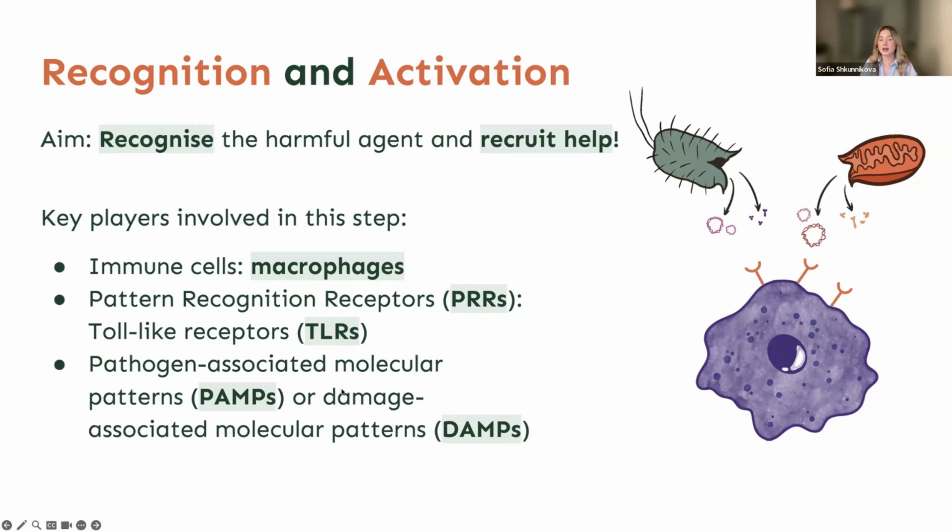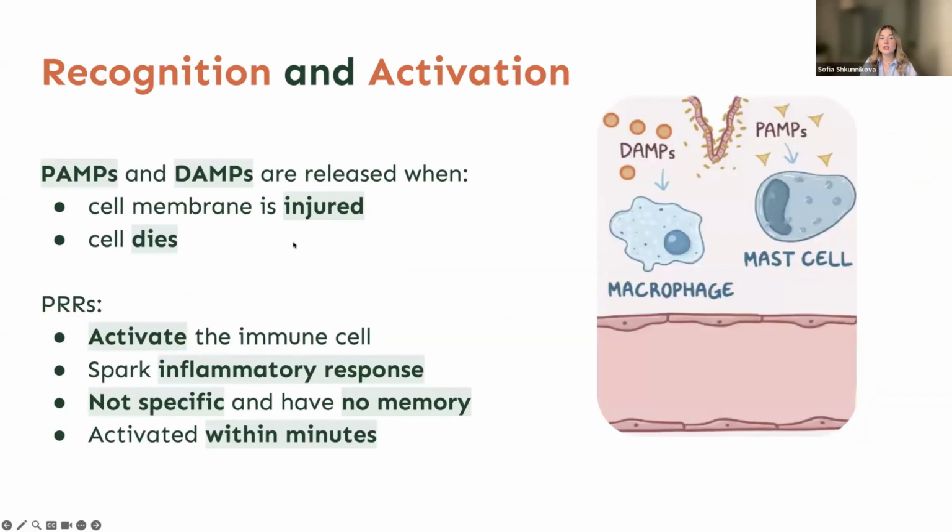And then its function is to activate the macrophages and the mast cells. So when the macrophages and mast cells are activated, they start releasing inflammatory molecules. And this response, again, it is not specific, it has no memory, and it's very quickly activated, so it activates within minutes.